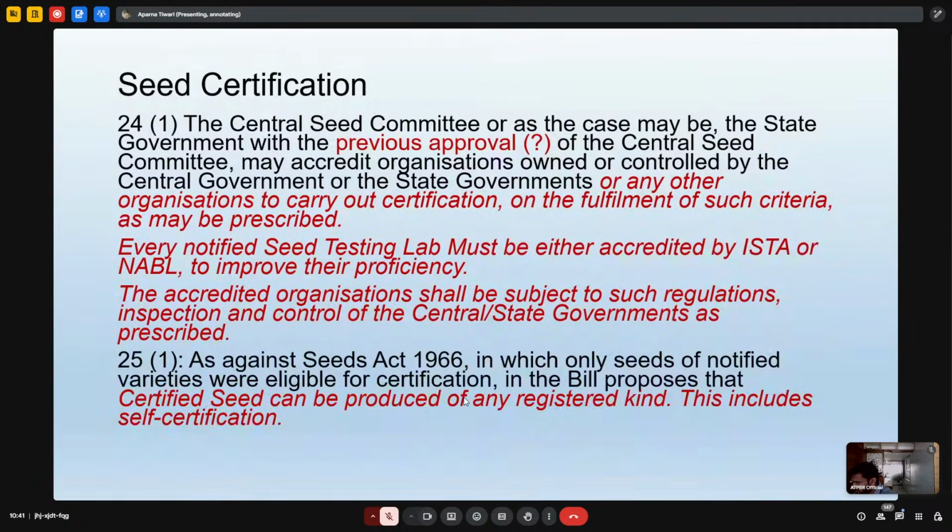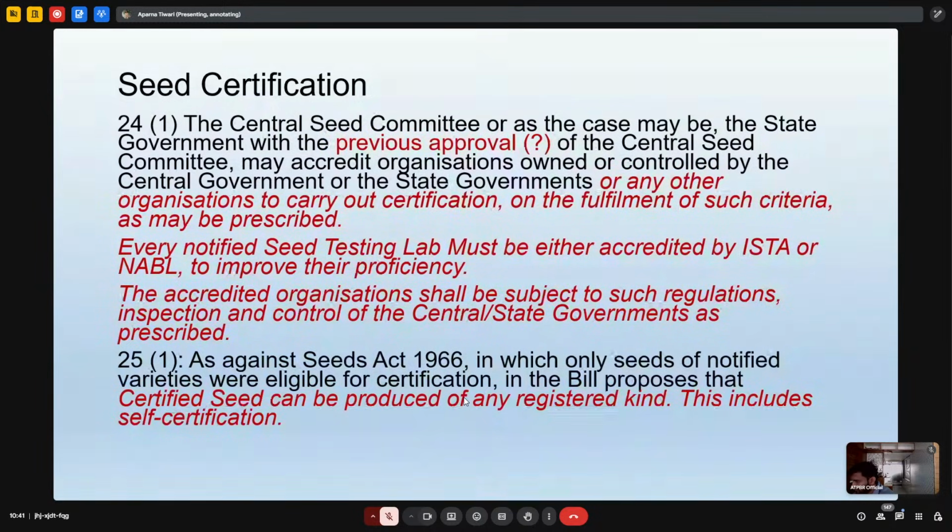Let us also give that responsibility to the state departments, because ultimately, for most of the things, the regulations are conducted by the state departments, whether it is appointment of field inspectors or the conduct of the inspection and so on. So whether previous approval will be required or not is a question mark.